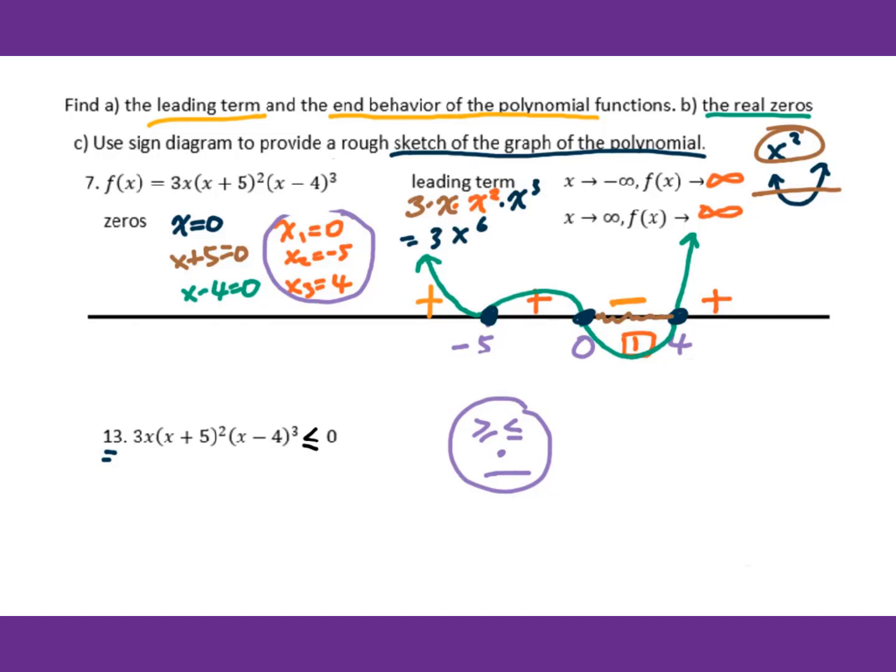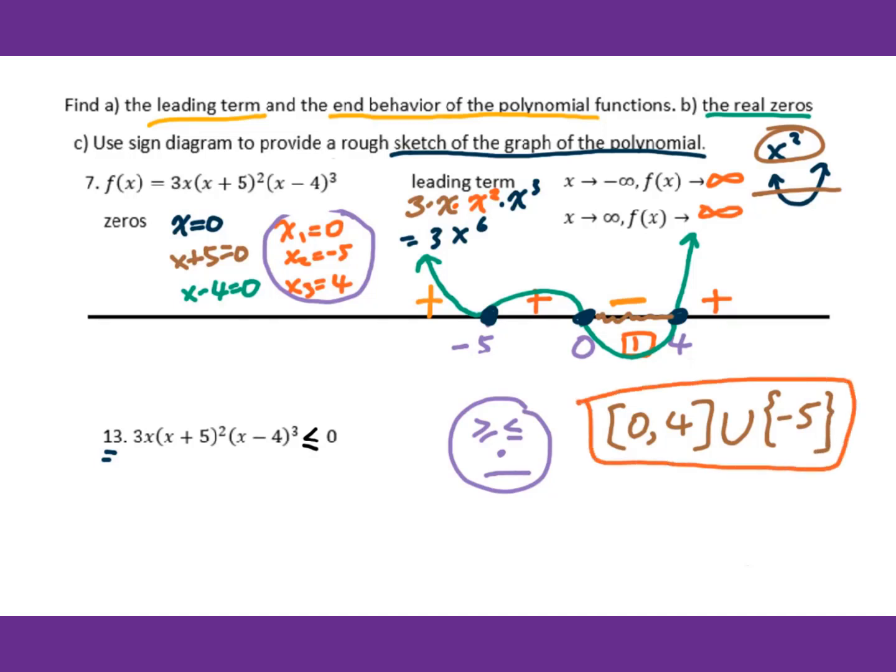But don't forget these zeros, that's -5, still the solution. Therefore, the solution will be like this, 0 to 4 bracket. And also, don't forget this -5. This will be the solution to this inequality. Therefore, when you solve polynomial inequalities, you have to figure out the zeros first.